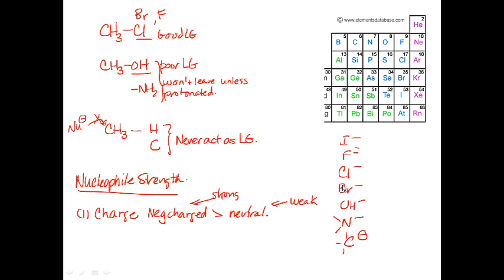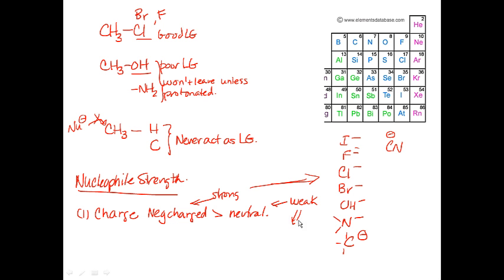So these are not in any particular order. I'm just kind of listing all of our nucleophiles that could be negatively charged. I suppose I would even throw in a CN minus as a potential nucleophile. So all of these are strong nucleophiles because they have a negative charge.